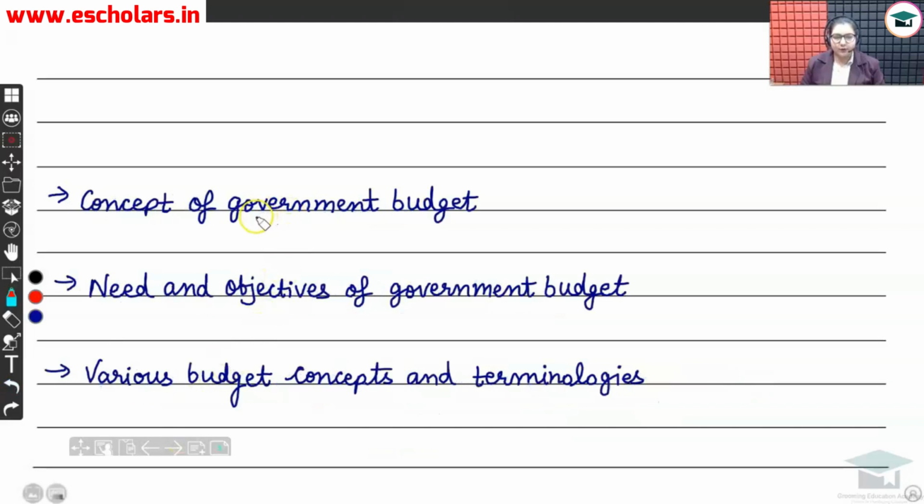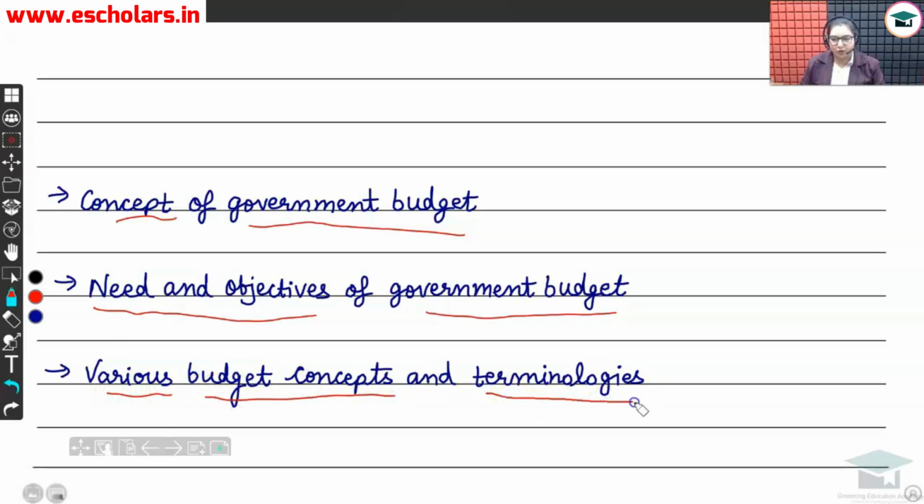Along with this we are going to cover the concept of government budget, that is the budget prepared by the government, along with the need and objectives of government budget, that is the aims which the government achieves by making a government budget, and also we are going to discuss various budget concepts and terminologies like revenue expenditure, capital expenditure, revenue receipts, capital receipts, etc.